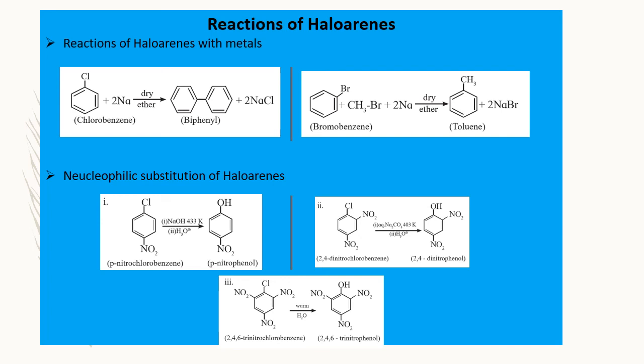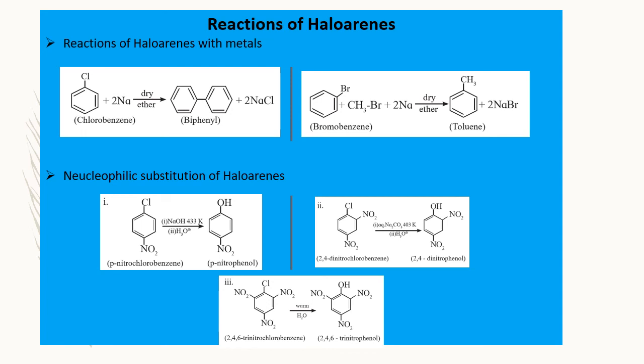However, presence of electron withdrawing group at ortho and para position increases the reactivity of haloarenes towards substitution of halogen atom. Greater the number of electron withdrawing groups at ortho and para position, greater is the reactivity. Electron withdrawing group at meta position has practically no effect on reactivity.